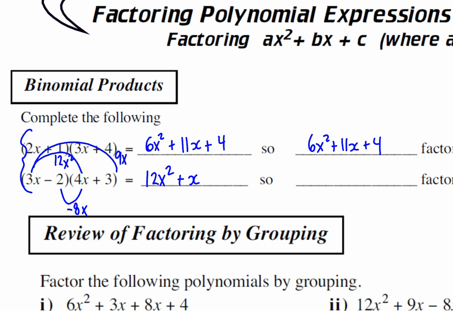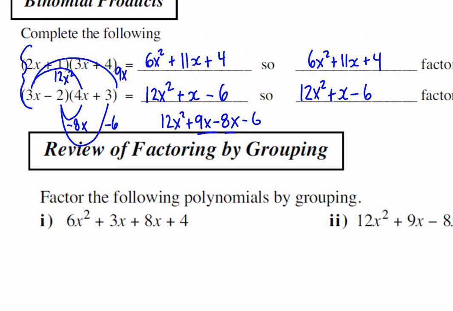So when we collect those like terms, we're going to get plus x. And then negative 2 times positive 3, negative 6. So that means 12x squared plus x minus 6. Okay, so when you expanded, you probably had 12x squared plus 9x minus 8x minus 6. And then we collect our like terms, right?